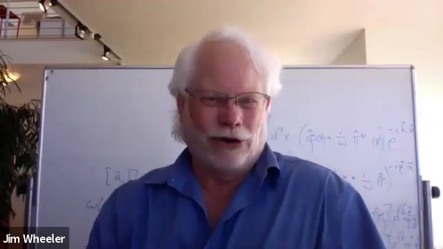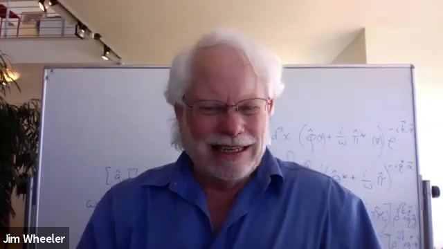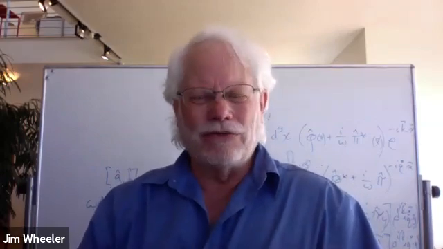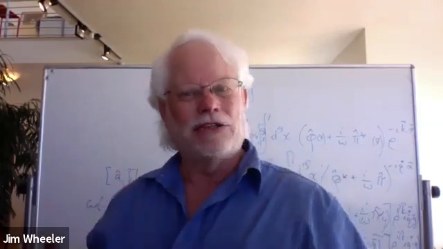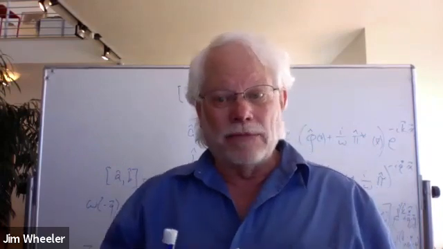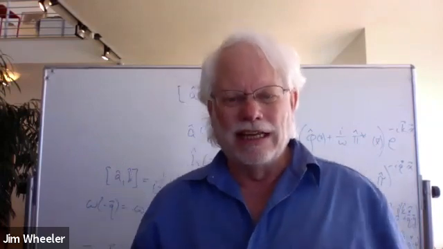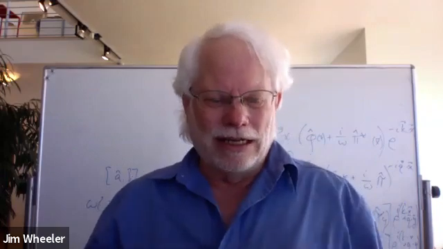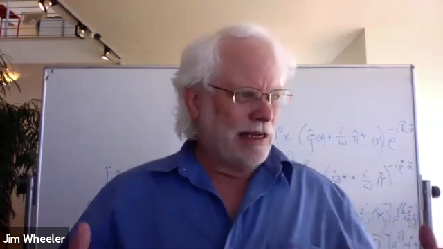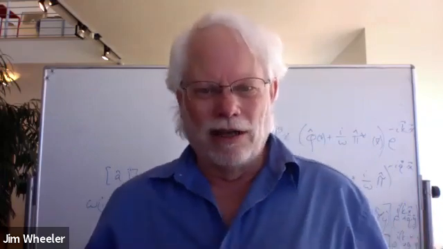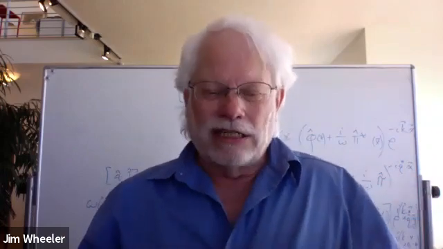Lots of little points here, right? Just signs, factors. You've got to be careful whether you have a delta, because sometimes that delta of k plus q is going to make a real difference. It depends what you're looking at. If you have a q dot k somewhere, well, that's going to be a plus or a minus depending.